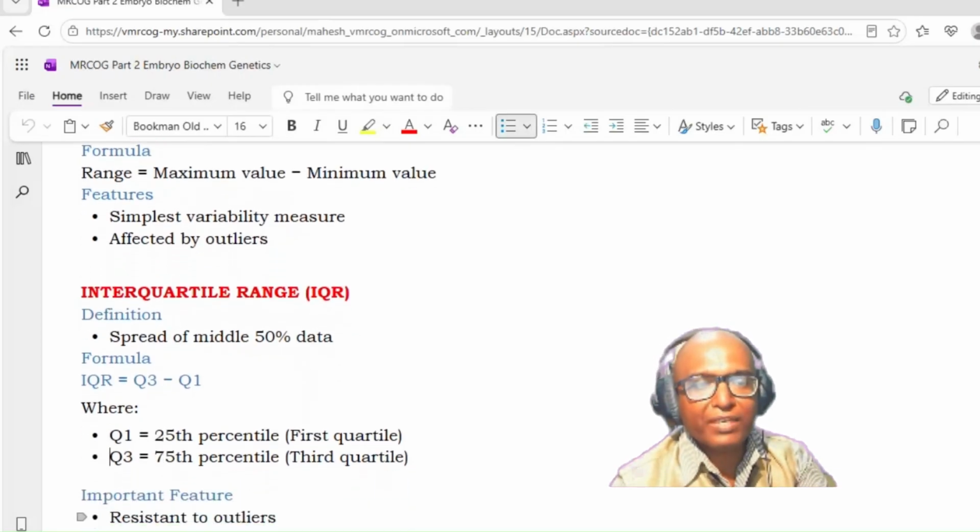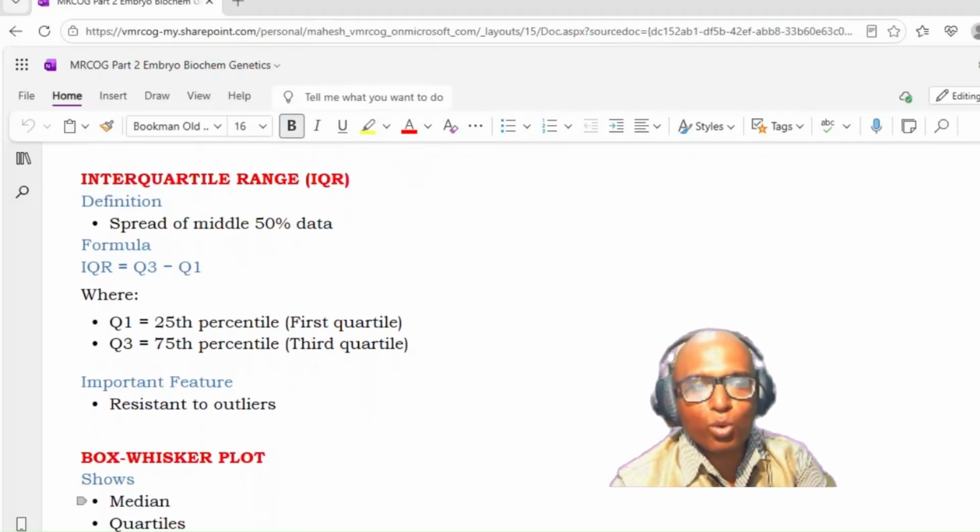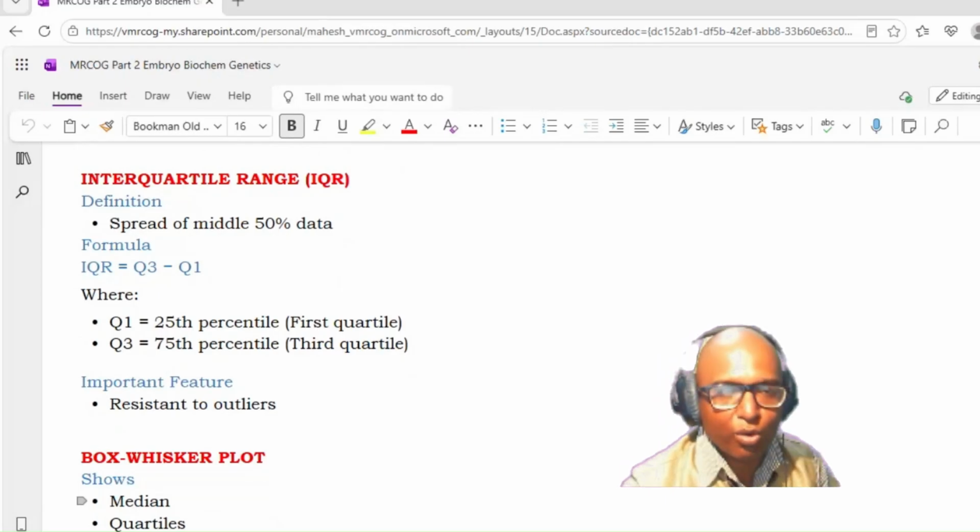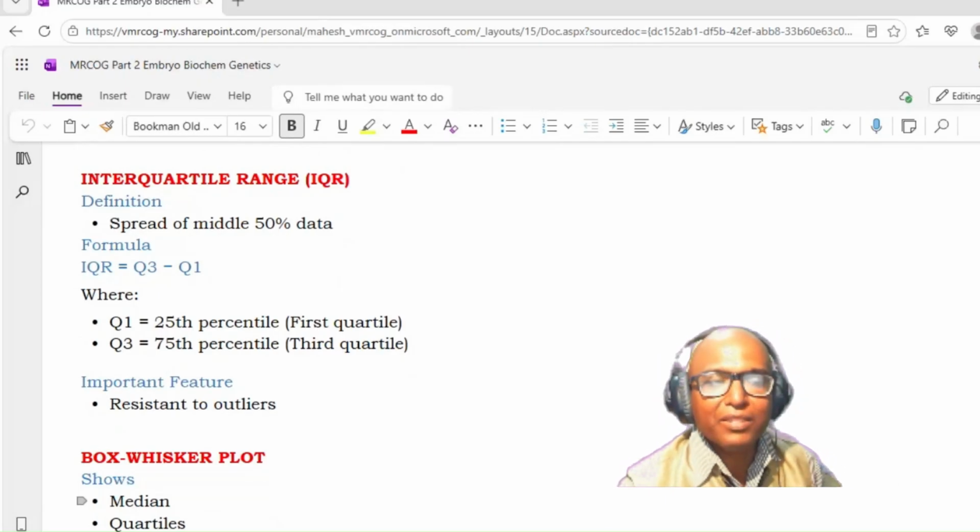If we divide the whole data set into 4 quartiles, then the third quartile minus the first quartile will be the IQR, and in this interquartile range you will have the middle 50% of the data.